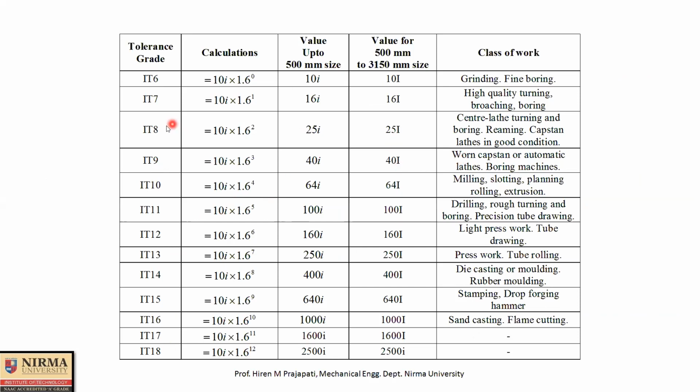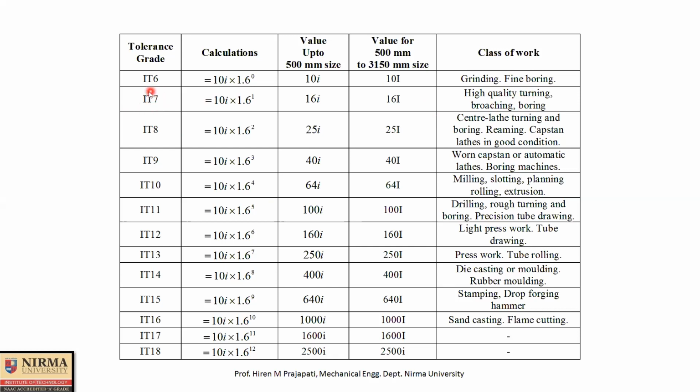So if you see here IT7, then IT7 grade can be achieved if you follow turning, broaching and boring operation. And this is fine boring, and here we have coarse boring. So if you follow coarse boring means if you keep high depth of cut, and if you go for high quality turning operation or broaching operation, then you get dimensional variation of grade IT7. So tolerance value of IT7.